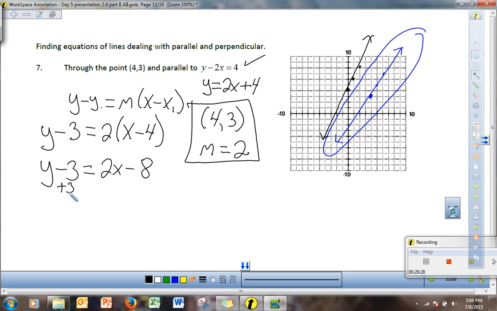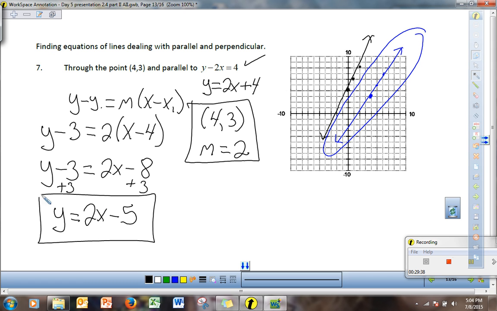Add 3 to both sides. So the equation of that line in blue is y equal 2x minus 5. Now we're going to do the next one, but we're not going to graph it, because that's just extra time that we don't want to take. But the key thing here, guys, if you see the word parallel, you need that slope.